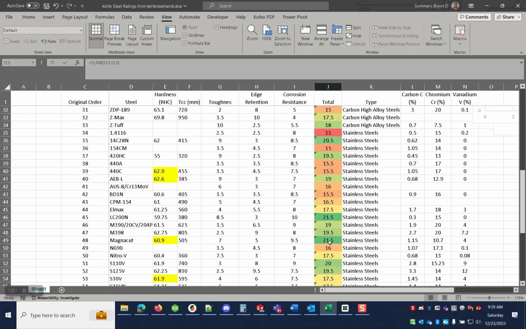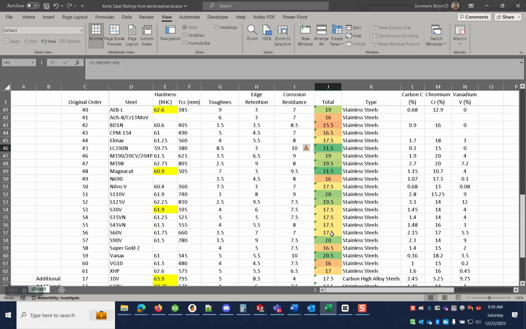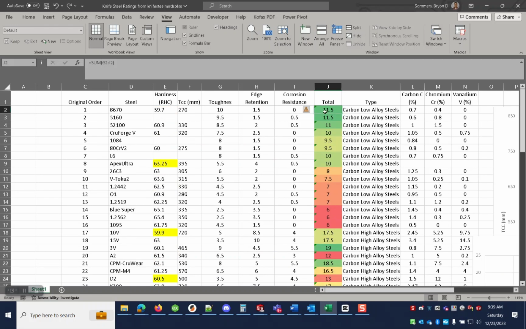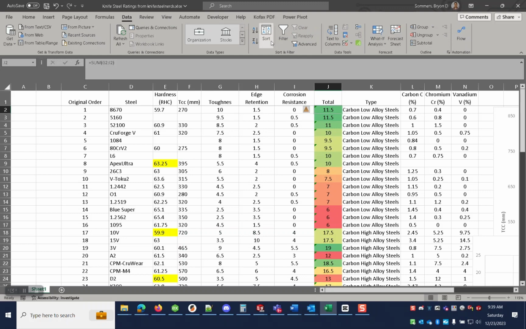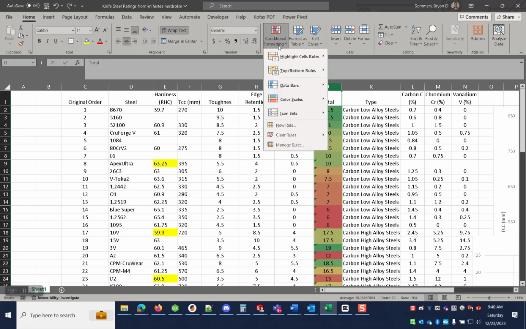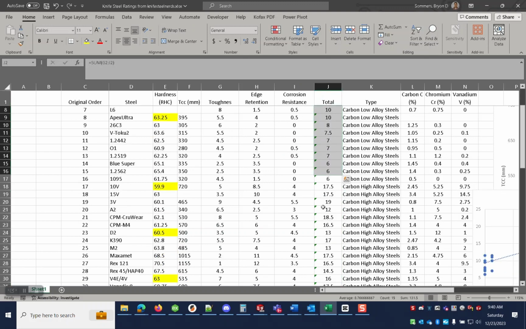And what we can see is basically the highest in the entire list is 21.5, and there's only 2 steels, I think, that meet that. Let me just sort this visually here for a minute. Actually, let's just do this in real time. So I'm going to remove color coding. And I'm going to sort within each group.